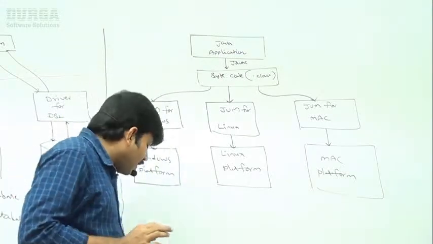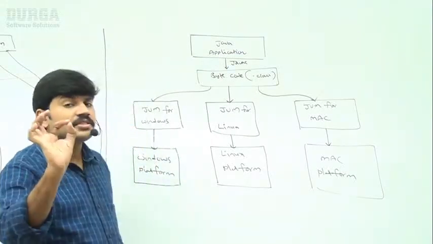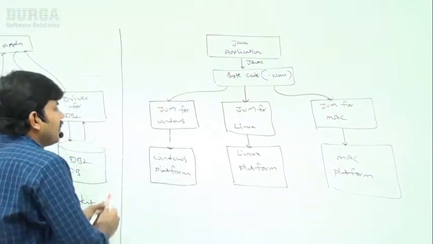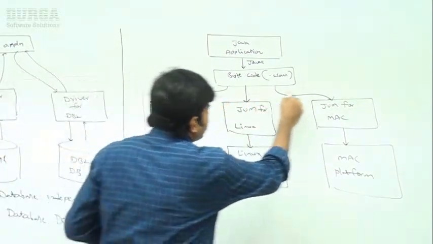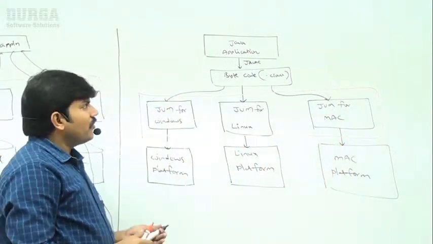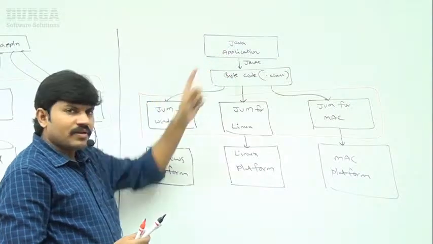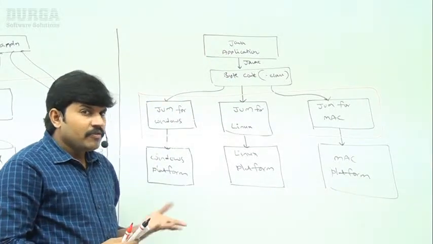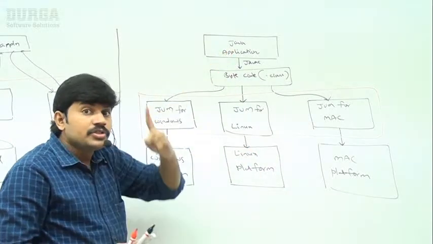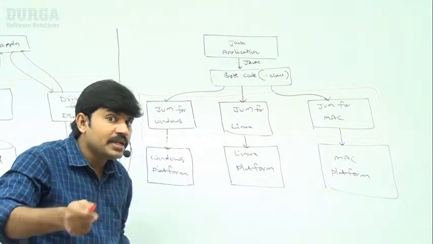How is this platform independent nature coming? Just because of one word: because of this JVM. Remember this one. Now, is Java platform dependent or platform independent? Platform independent, because three machines are there, but only one program. That's why Java is platform independent.